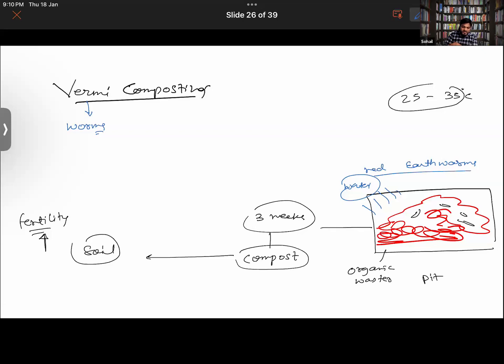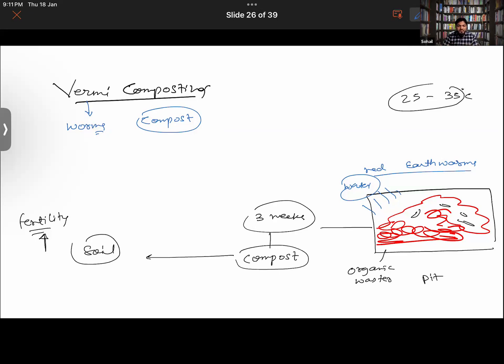That substance is called compost. You have manure, you have compost. Both of them add fertility to the soil, but the difference is that compost is prepared by decomposition with the help of worms.